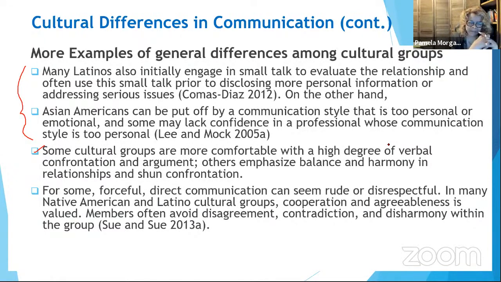And when they talked to me about the confrontation that this treatment center presented, I'm like, that would not have been comfortable for me. I don't know if I would have been able to get my recovery through that type of confrontation and argumentative treatment style. And then others emphasize balance and harmony in relationships and shun confrontation. So we want to pay attention to that.